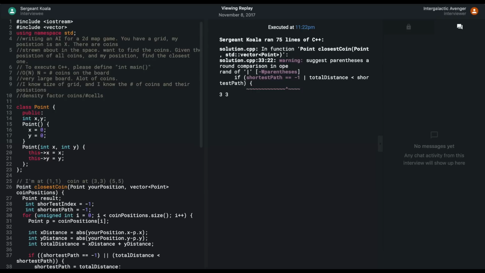Okay, that sounds very reasonable. Now, let's dig into this ratio just a little bit. So it's the number of coins over the number of cells, and you will define some kind of arbitrary constant that will be over or under in terms of your density to pick one or the other.